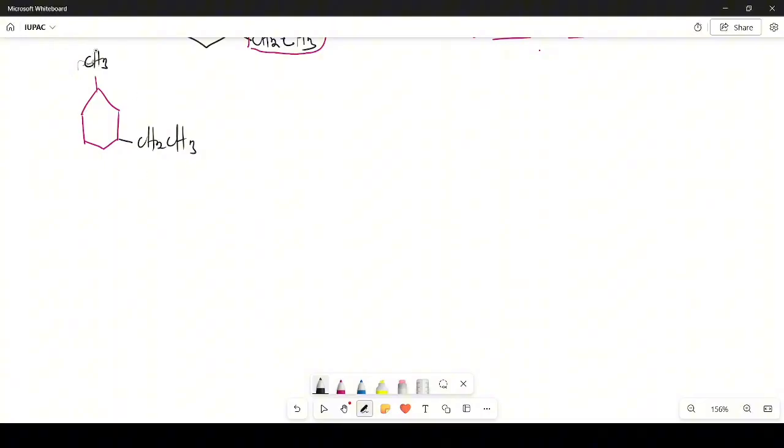Remember that here you have more than one substituent. Here is a substituent. What's the name? We call it methyl. And here is another substituent, another prefix, another attachment. What is the name? This one has 2 carbon, so you are going to call it ethyl. So if I ask you now, how many attachments or substituents do we have here? Of course, 2. This is the first one and this is the second one.